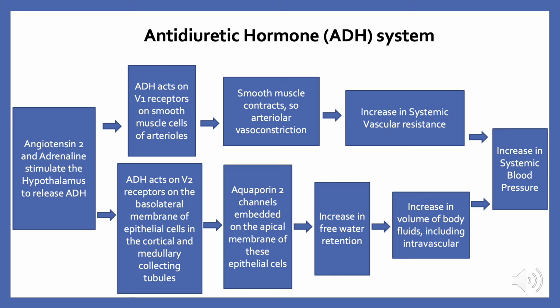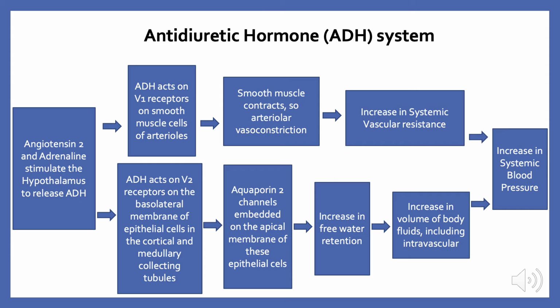And also try to remember that ADH as well as aldosterone, even though they are increasing the systemic blood pressure by retaining water, and they are in a way trying to help perfusion of organs since the heart is not so well able to do so, at the same time they are worsening the situation going on inside the heart, because as we said, the heart is overfilled with blood.